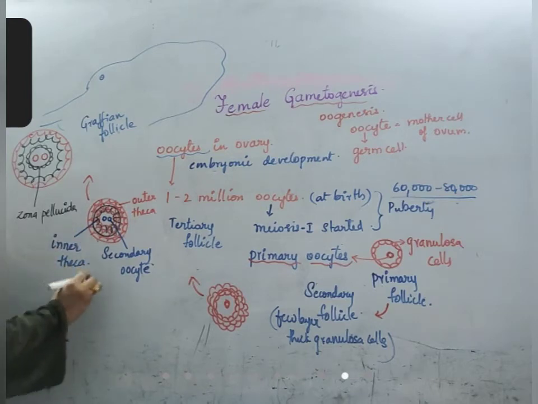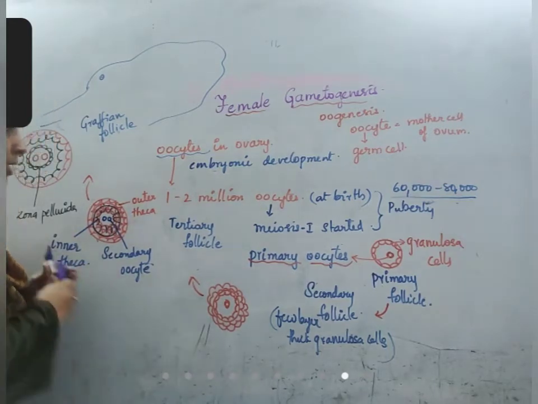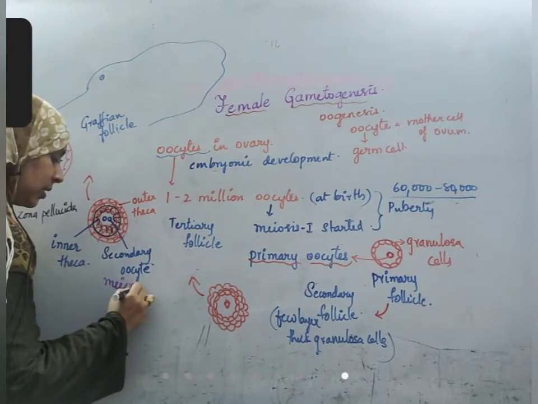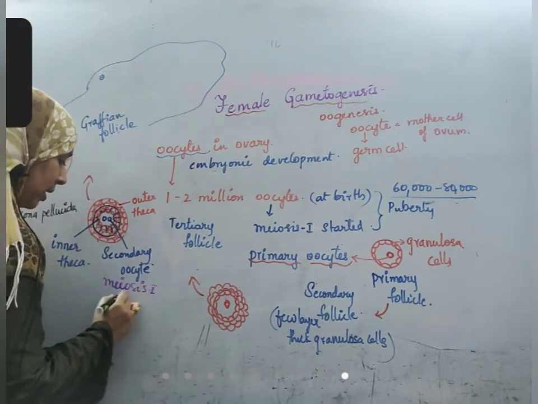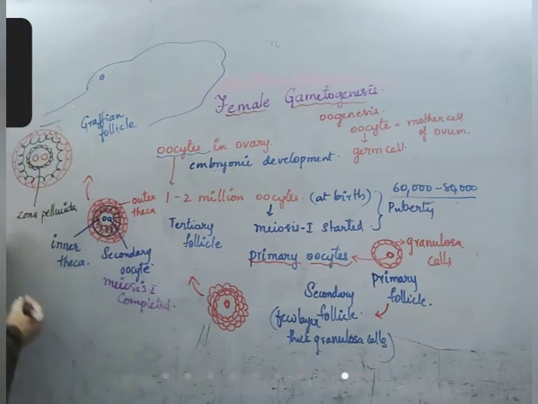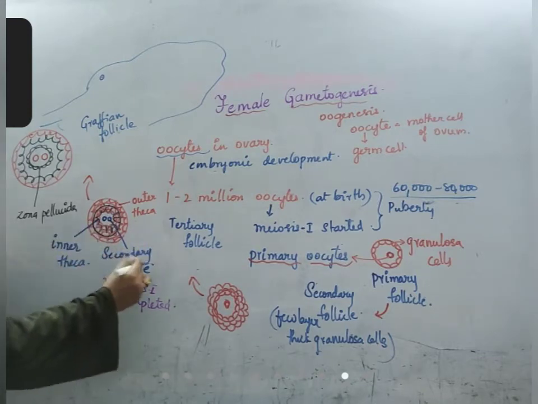Meiosis 1 is completed. And the cells that are formed are called secondary oocytes.